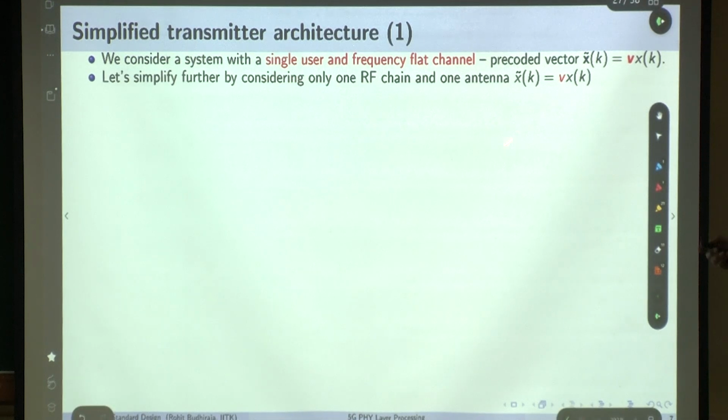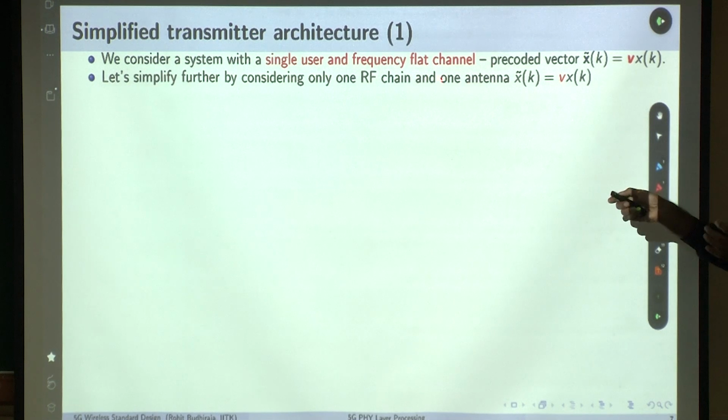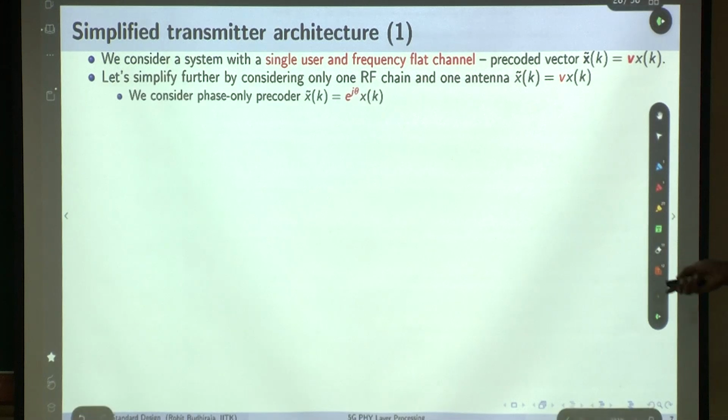From here to here, this is only for one antenna. So X tilde k is, because it is for one antenna, also a scalar, this is also scalar, this is also scalar. This exercise is a one-step exercise.